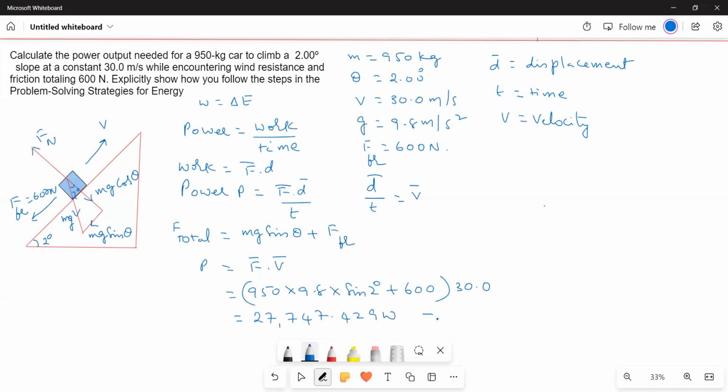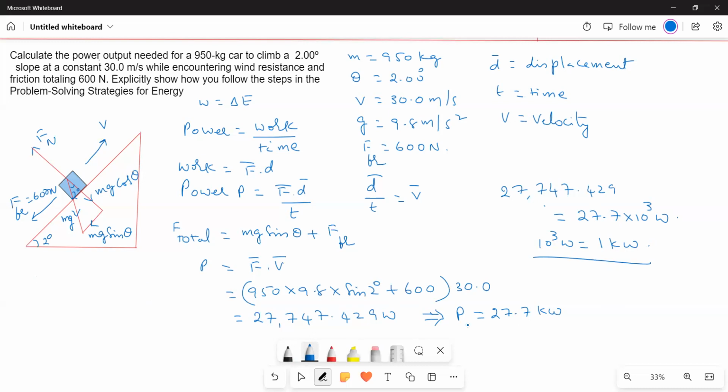That implies P is equal to 27.7 times 10 to the power of 3 watts. Okay, and 10 to the power of 3 watts is equal to 1 kilowatt. Therefore, this will become 27.7 kilowatts.